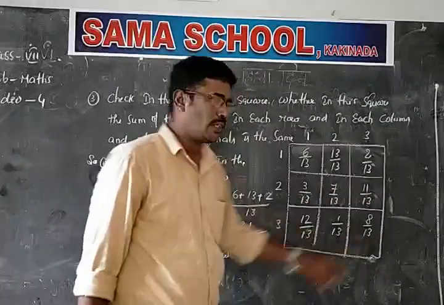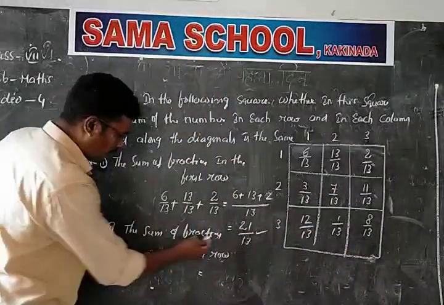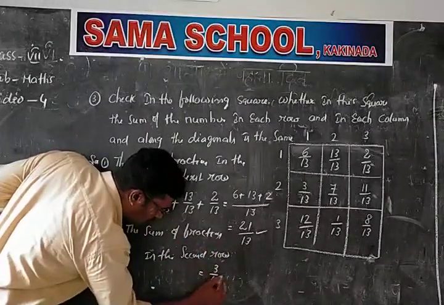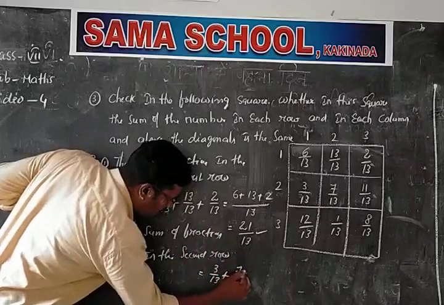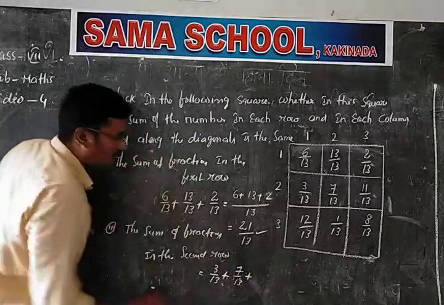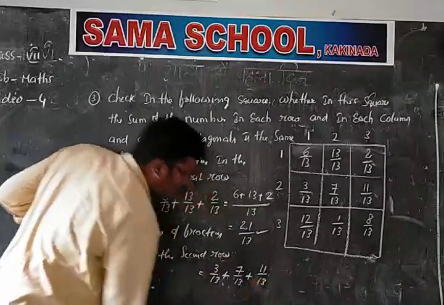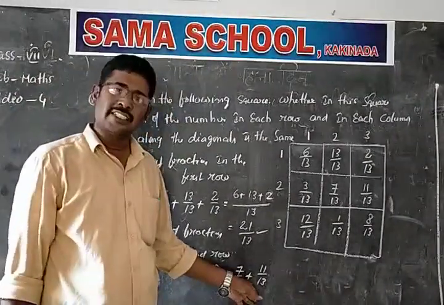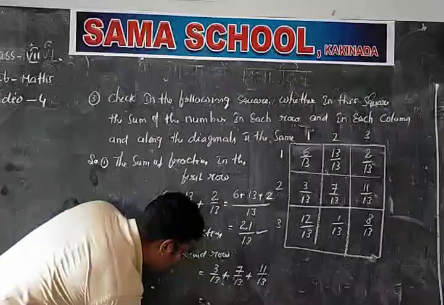This is the second row. The sum of fractions in the second row is 3 by 13 plus 7 by 13 plus 11 by 13. These are like fractions because the denominator is the same number. What is the LCM?